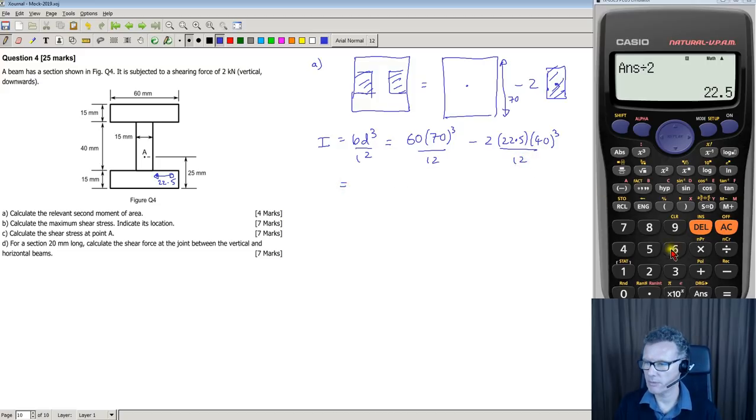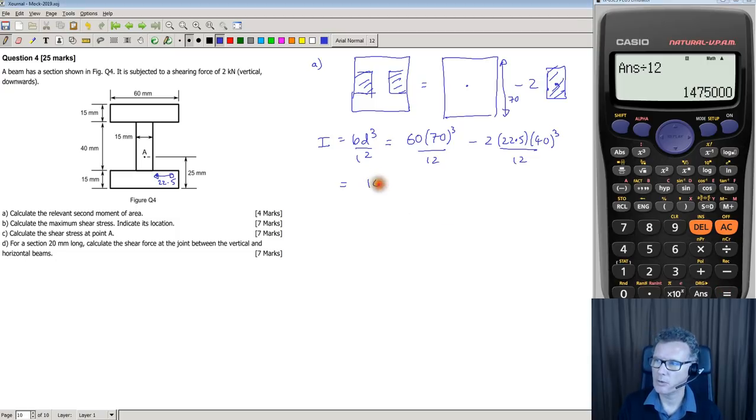So what's that? 60 times 70 to the power 3. I'm going to do the divide by 12 last. Minus 2 times 22.5 times 40 to the power 3. Divide by 12.